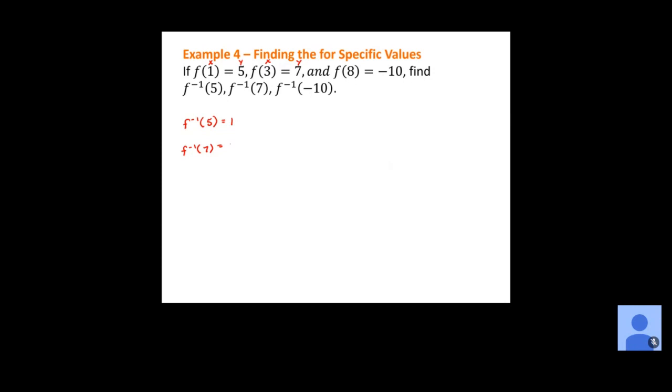Positive 3. Good. Because our y value originally was 7, the x value was 3. We switch x and y, so now the x value becomes 7, the y value becomes 3.